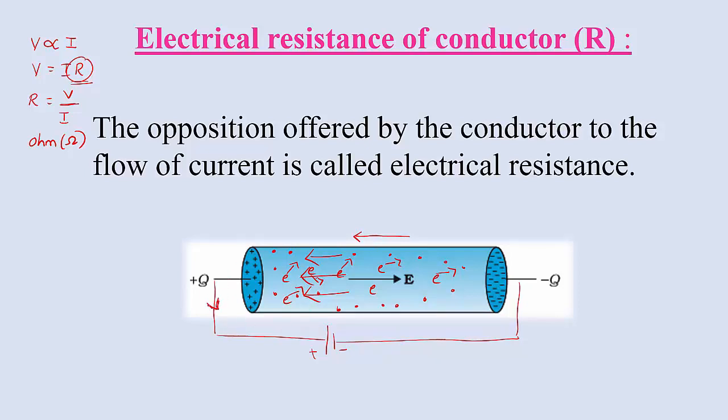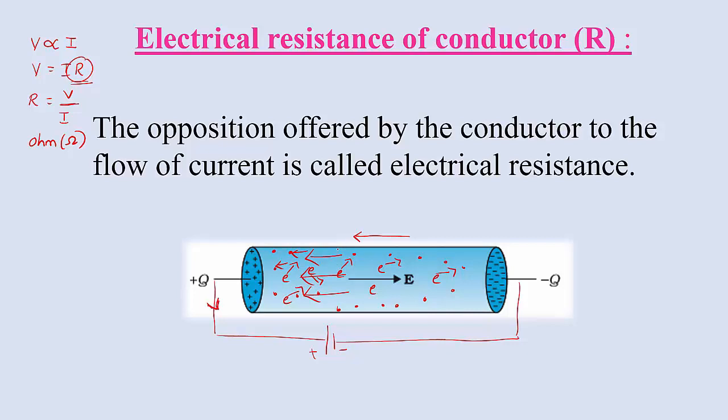Now what happens? When these free electrons are in motion, when these free electrons are accelerated, they start to collide with these fixed ions or atoms. When they collide with these fixed ions, opposition occurs. That means their velocity decreases. So this opposition offered by the fixed ions or atoms of the conductor is called resistance.